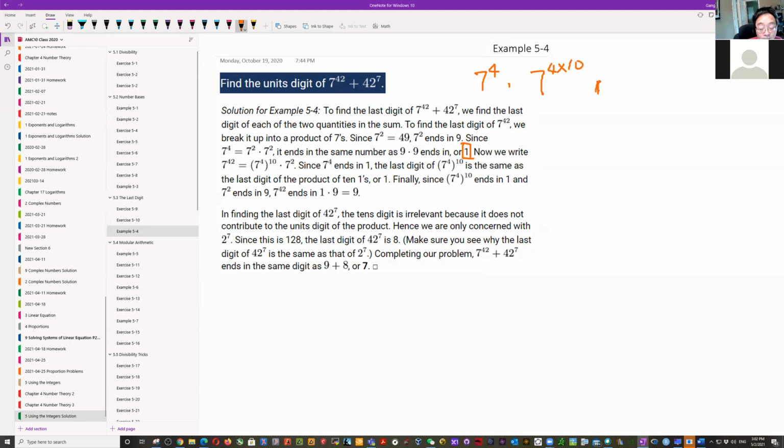So because we use up the power 40, we can write that as 40 plus 2. The 40 power ends with 1, then only the last 2 power really matters. That's 7 squared. 7 multiplied by 7 equals 49, so that's 9. That's how you use the reasoning to get it.